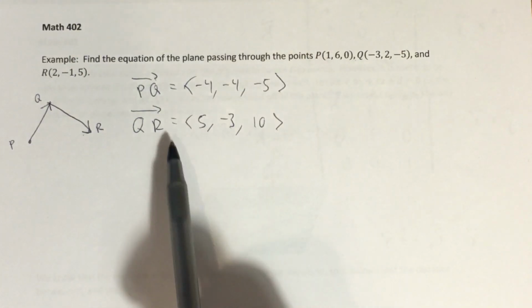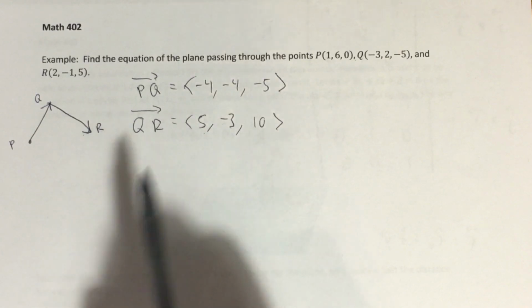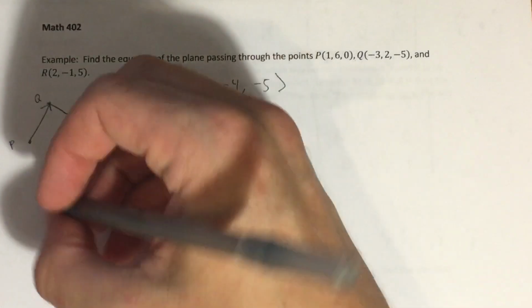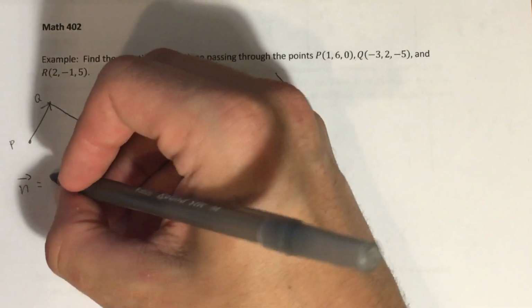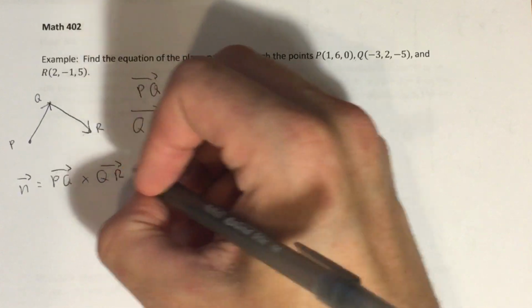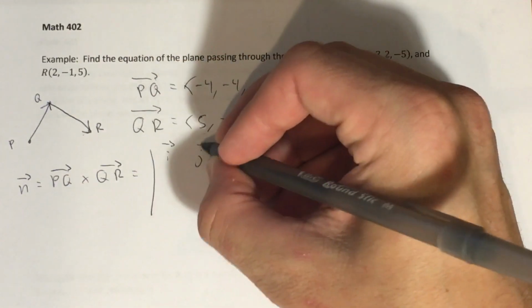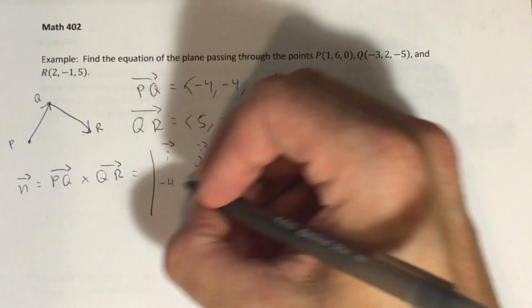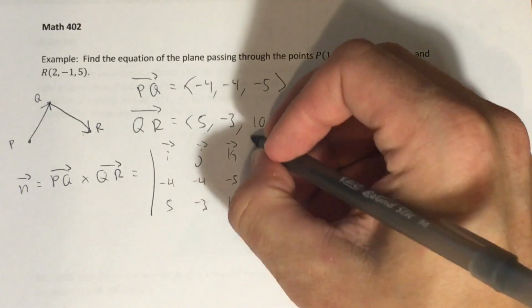Okay? So the cross product of these 2 vectors, represented by these 2 arrows, is going to produce the normal vector that we want. Let's let n equal the cross product of these 2 vectors, PQ crossed with QR, which is ijk, negative 4, negative 4, negative 5, 5, negative 3, 10.